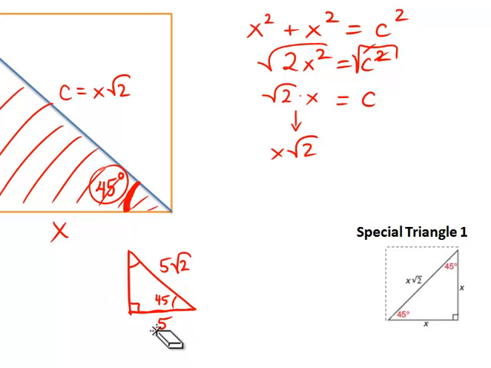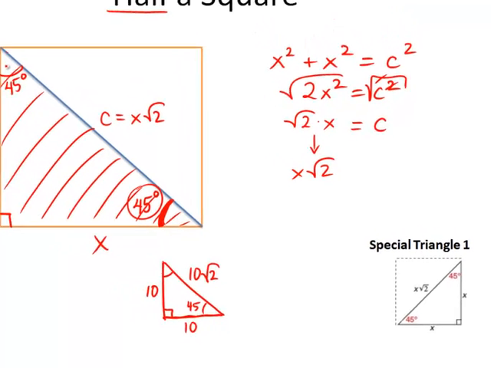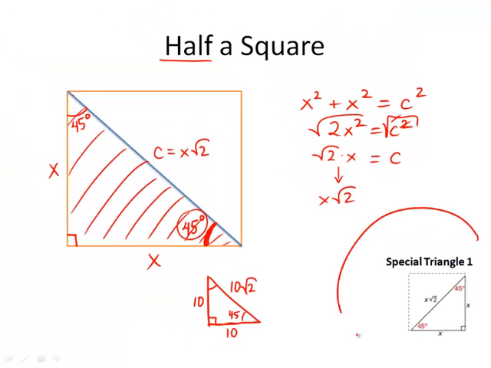If these sides were 10 each, then this would be 10, 10, 10 root 2. So it shows you a proportion that can be used, and this gives us our first special triangle.